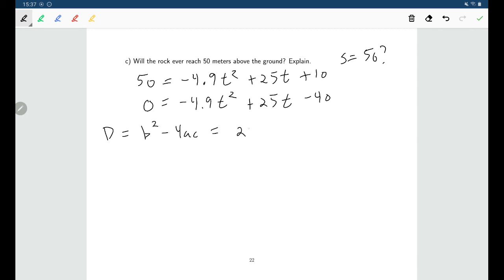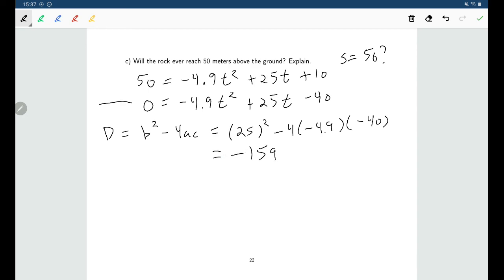So 25 squared minus 4 times negative 4.9 times negative 40. When I run that through my calculator, I get negative 159.